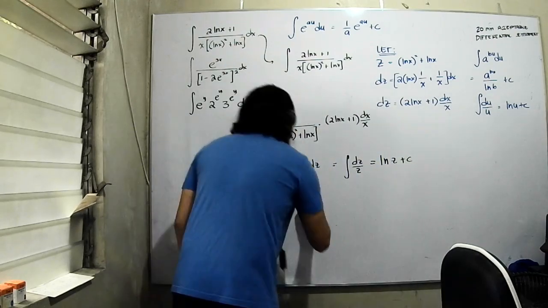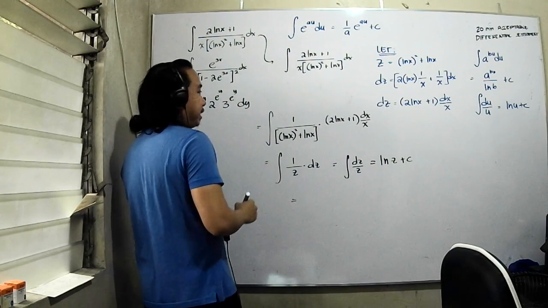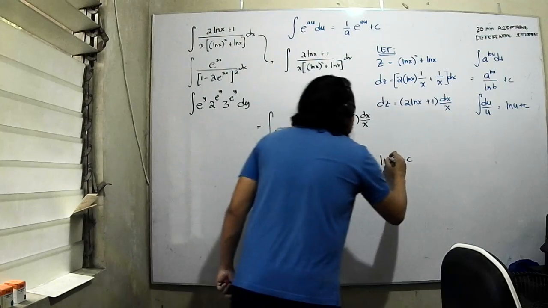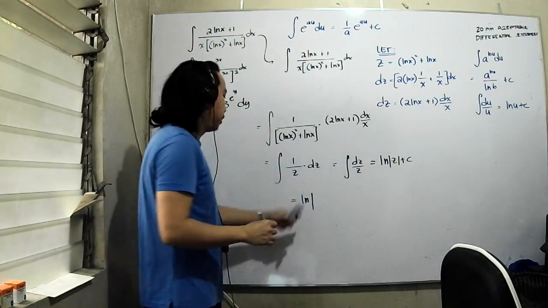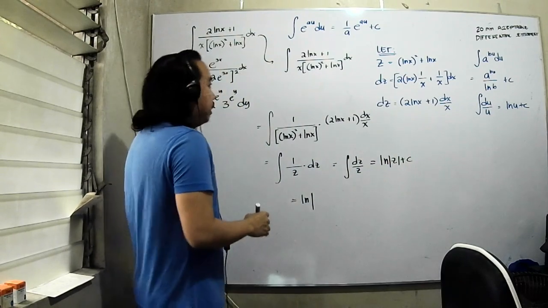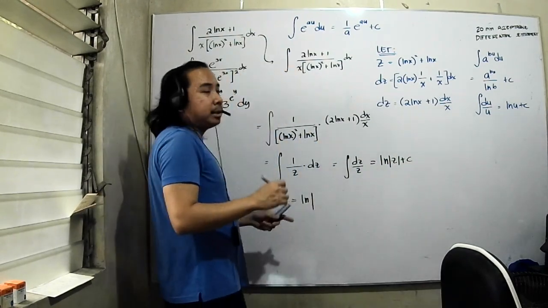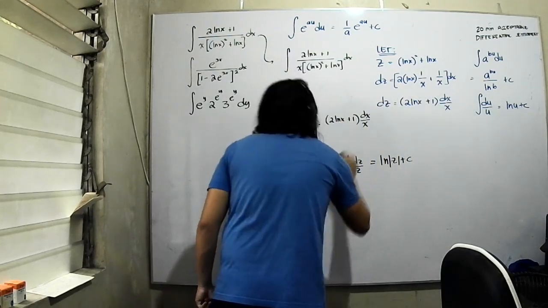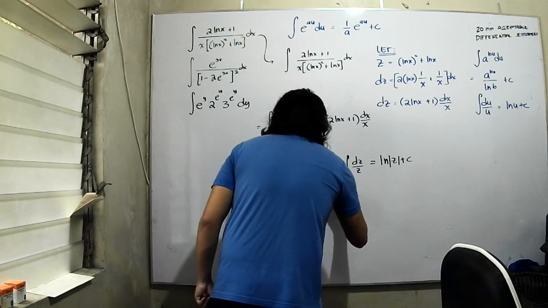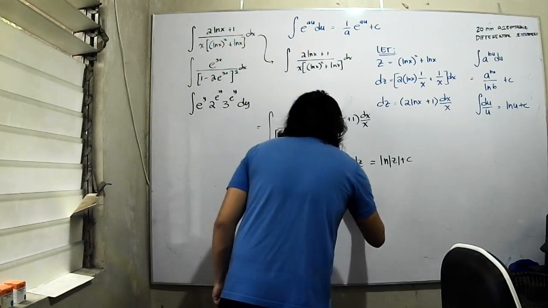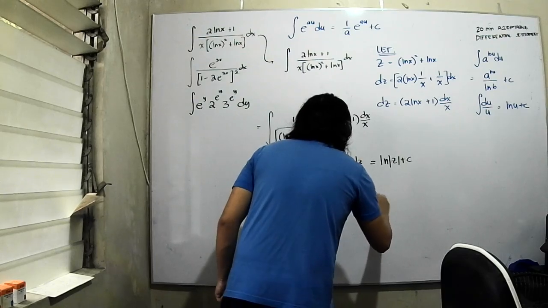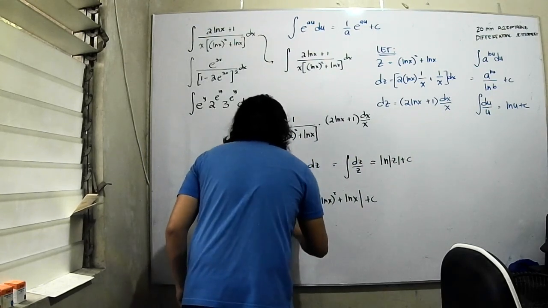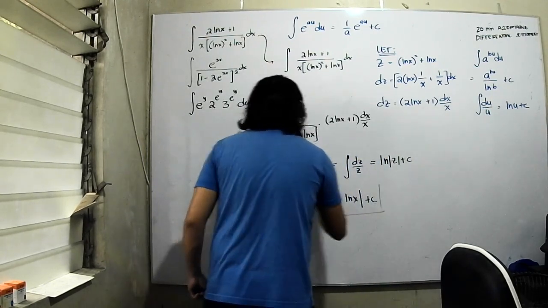Then going back to x, the absolute value sign is not needed because it is not negative, but if you put parentheses it's still okay. Substituting z, that is ln x squared plus ln x plus c. This will be our final answer for this particular problem.